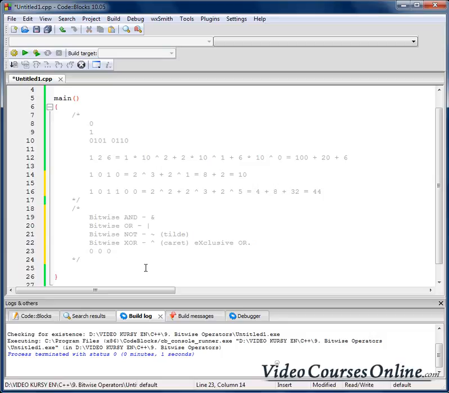Because we have only 0, 0, so what to choose here. 0 and 1 will give us 1 because we can choose the right alternative here, for example that one, and 1, 0, which gives us 1 because we can choose the right alternative here too, and 1, 1, which gives us 0 because we cannot choose more than one alternative in exclusive OR.